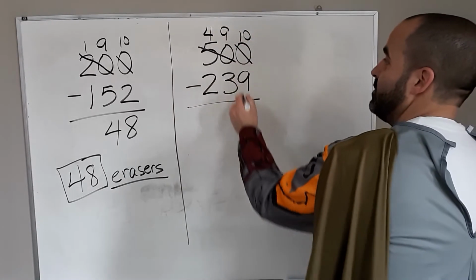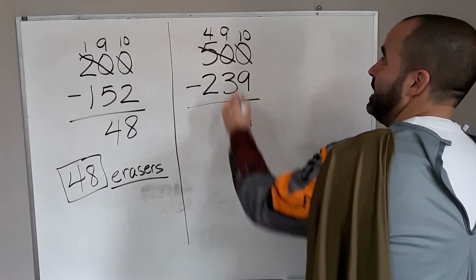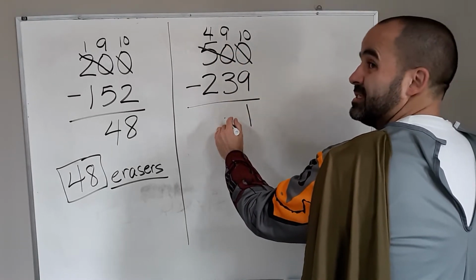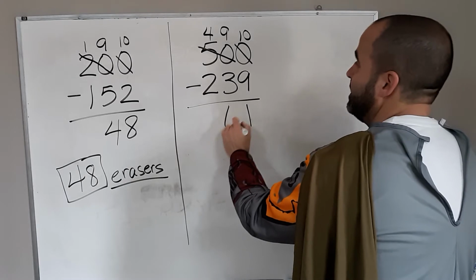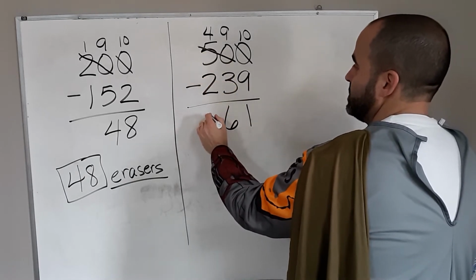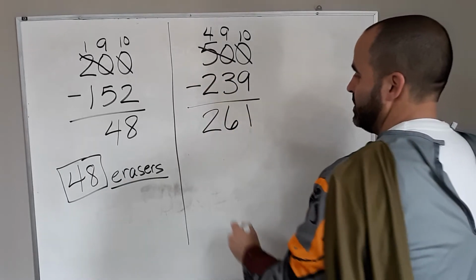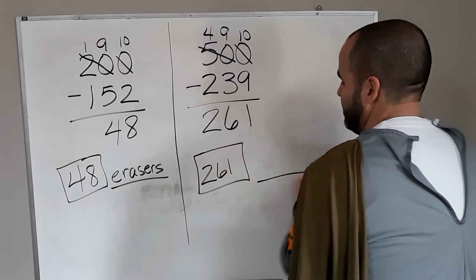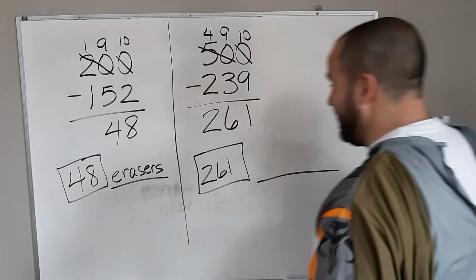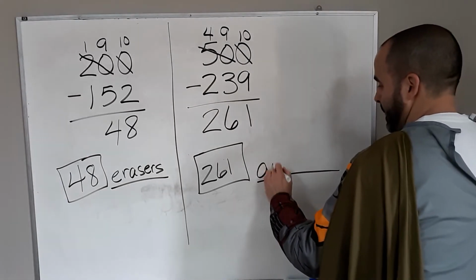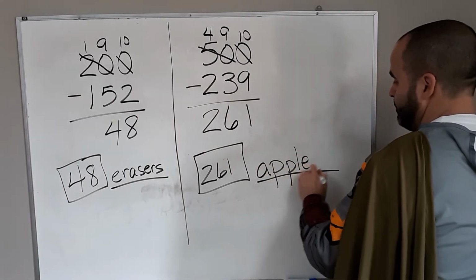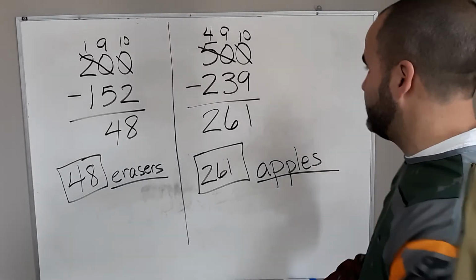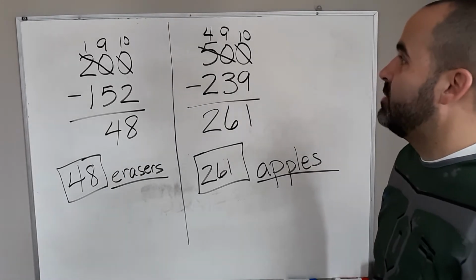Now I can subtract 10 minus 9, which equals 1. 9 minus 3 equals 6. 4 minus 2 equals 2. And my answer is 261. Let's write that in the box, and don't forget to label it: 261 apples. Good. That's your answer on that one.